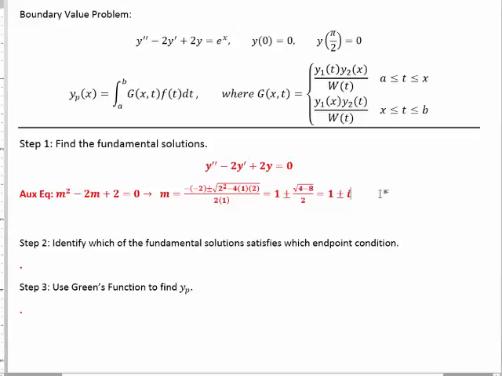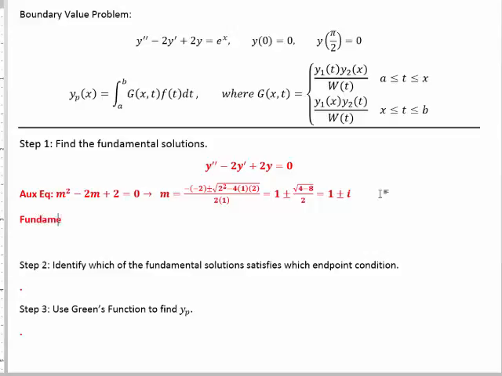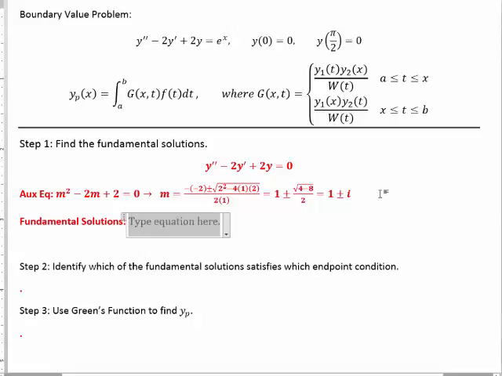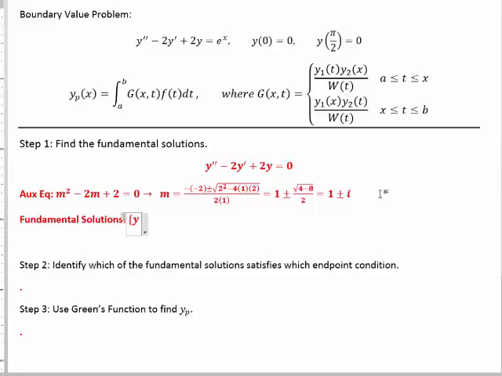That means our fundamental solutions are going to be the set: e to the 1 times x, the real part over here is 1, times cosine of x, 1 times x again, that's the imaginary part.